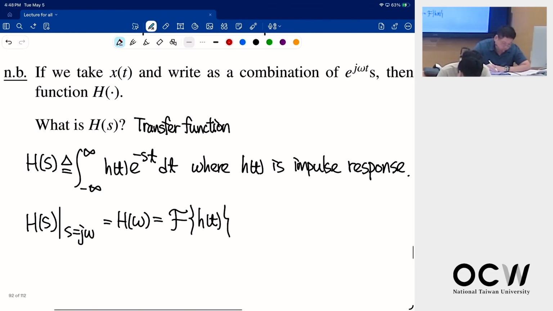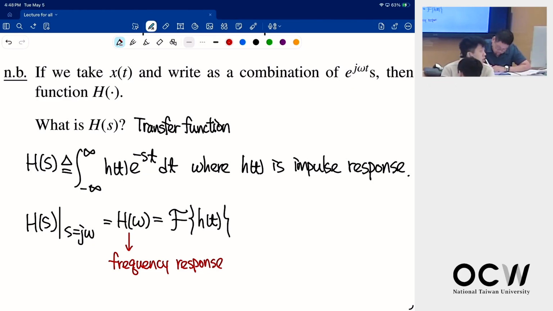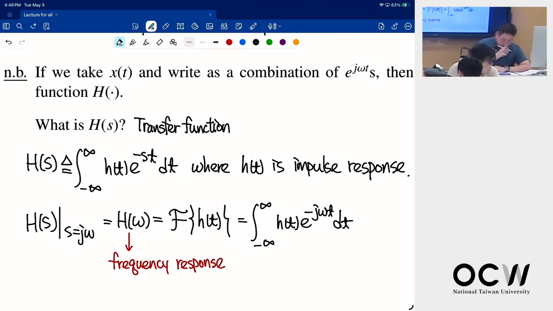Here we call it the frequency response. So you can see that the Fourier transform is a special case of the Laplace transform.